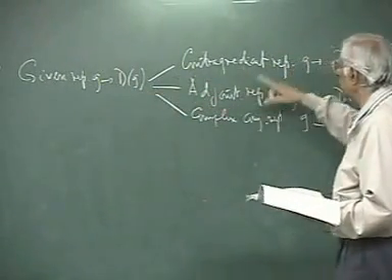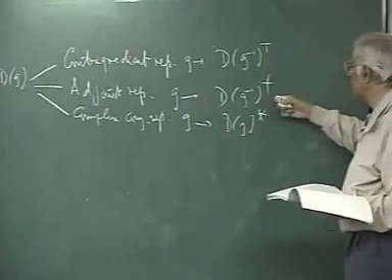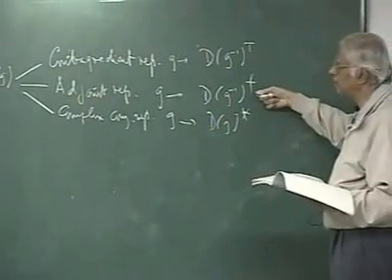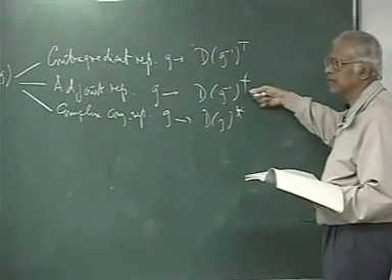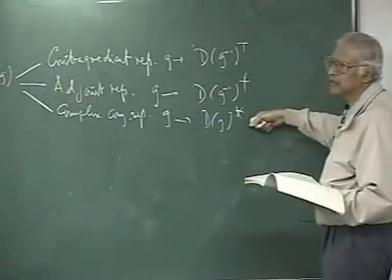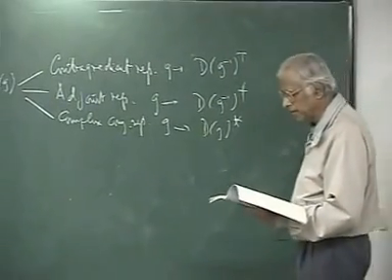Then what are the statements that you can make? Not all of these things are independent. If D is unitary, the adjoint representation is the same as the original. The contra-gradient is the same as the conjugate. You will see some of these things coincide.